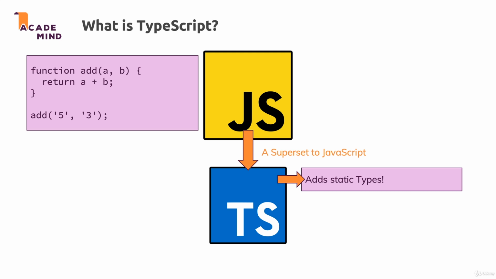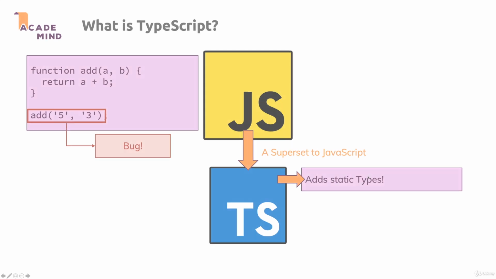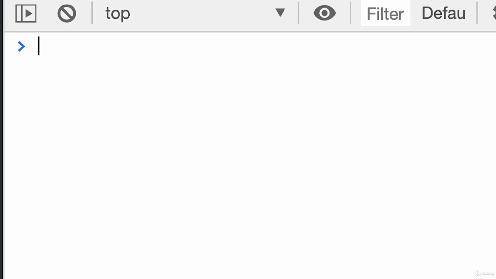Now, if you add these two strings here, you will actually find a bug in your application. It will not crash or show an error, but what you will get is basically the concatenated strings. And I can quickly show this to you here in the normal JavaScript console in a browser. If I add 5 plus 3, we get 53 as a string because it simply concatenates those instead of adding them.